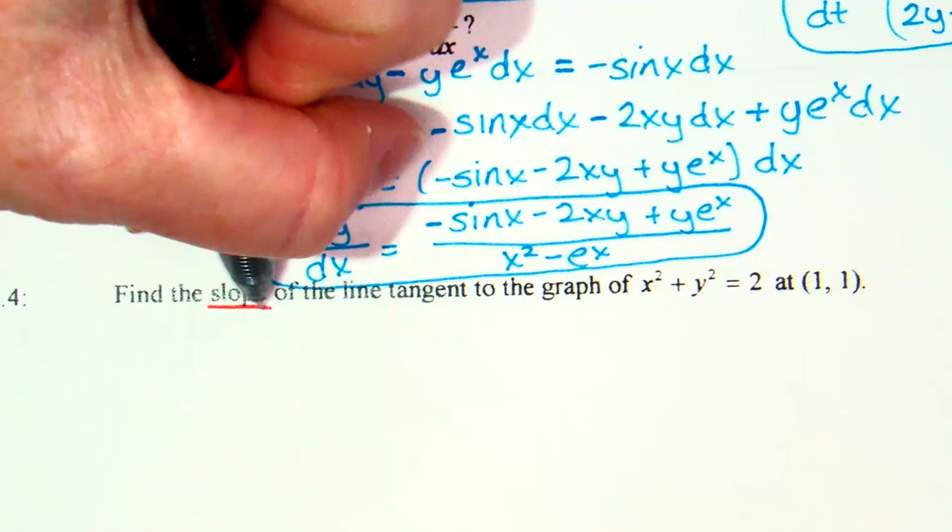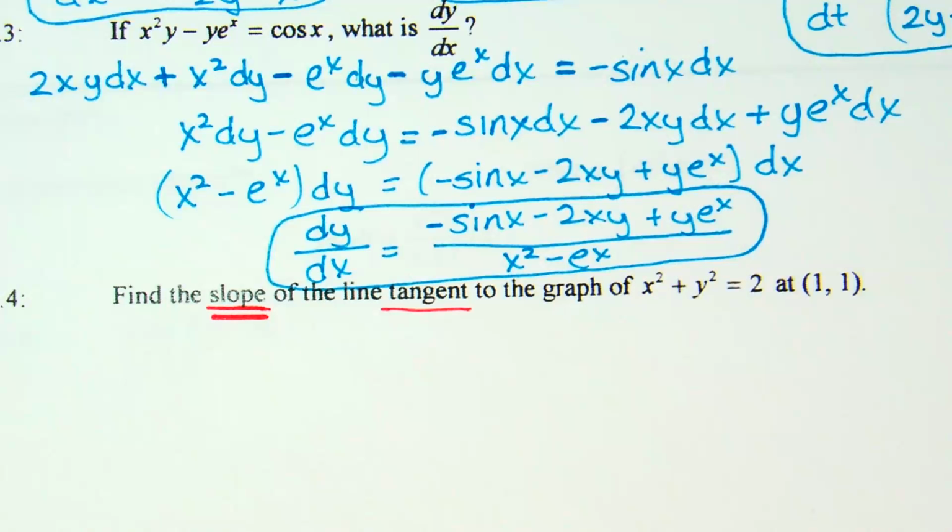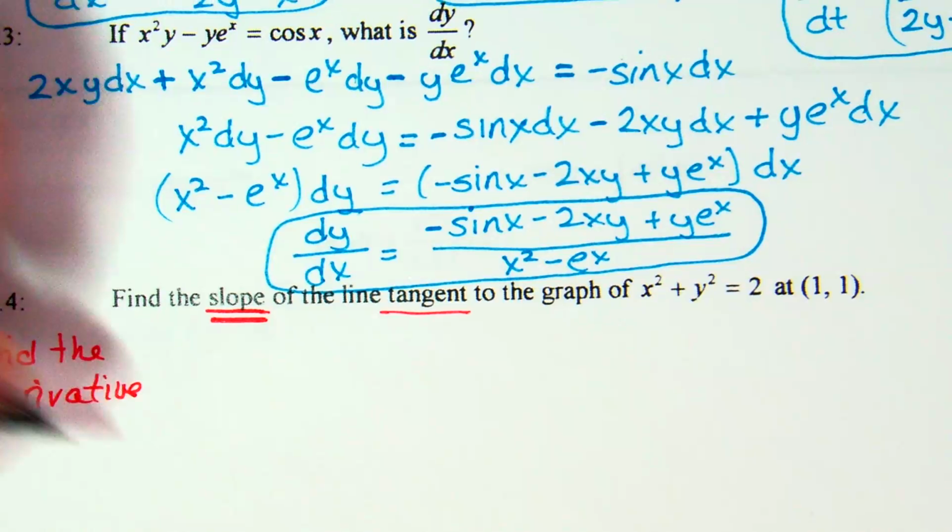What is slope of the tangent line? Take the derivative, right? Slope of the tangent line is the definition of derivative. So my goal on this problem is to find the derivative. Because it said find the slope, that is code for find the derivative.